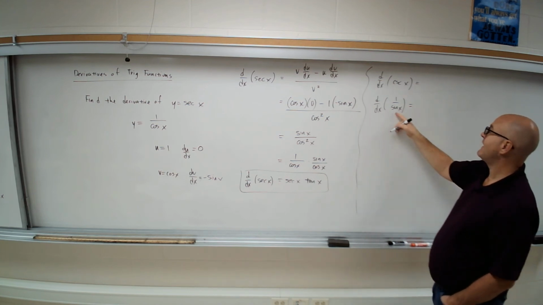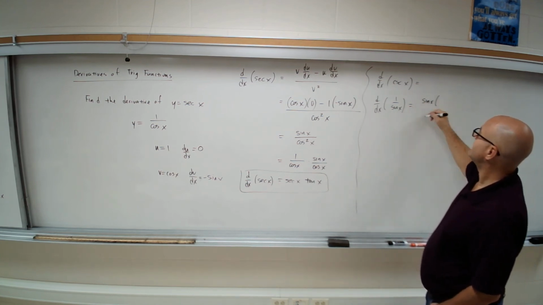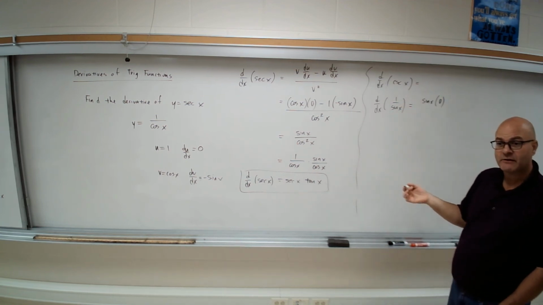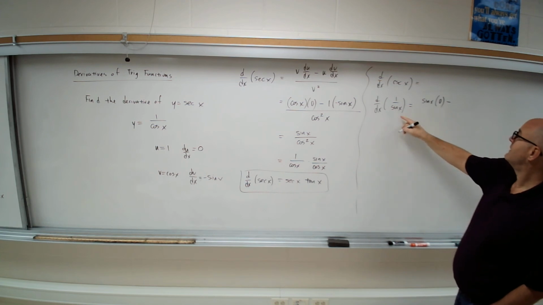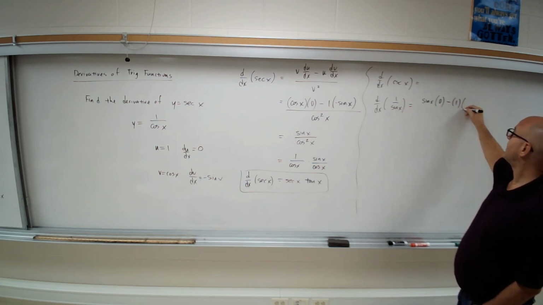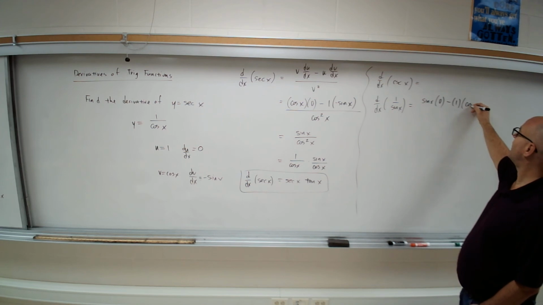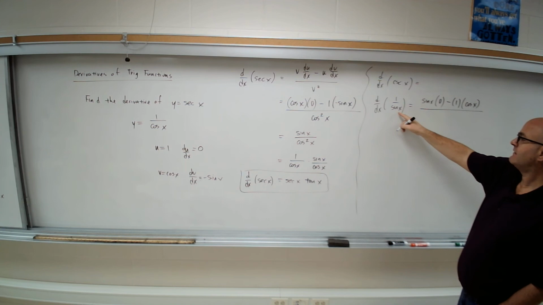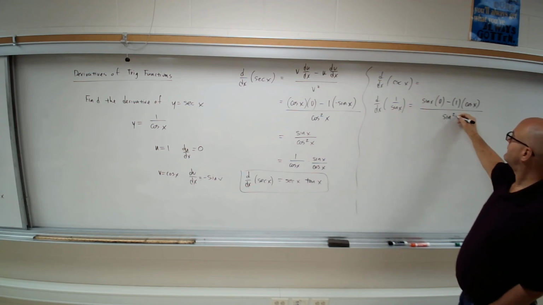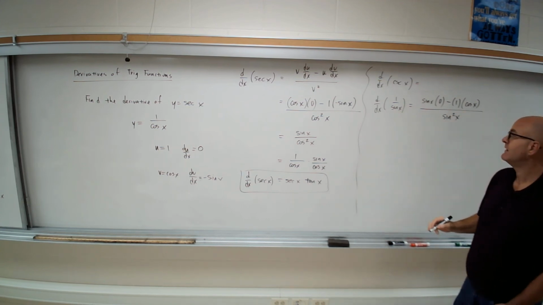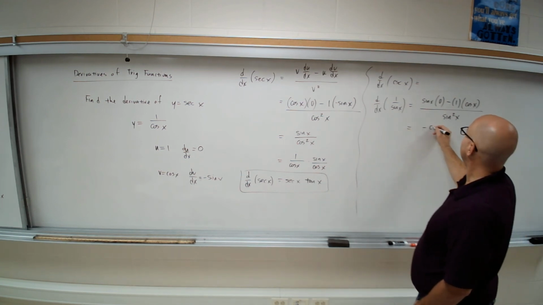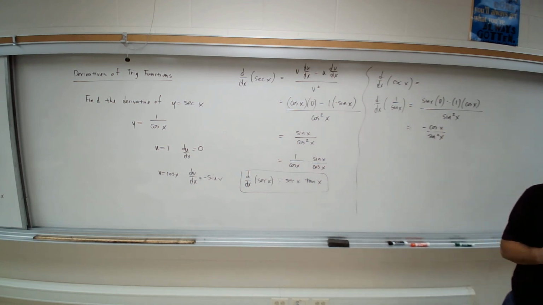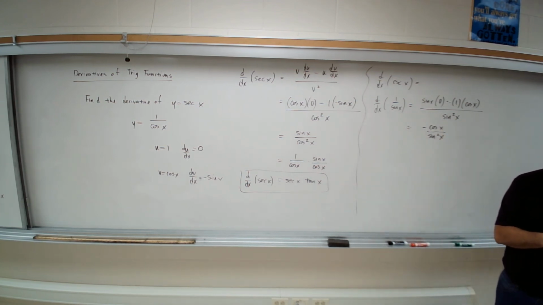And then we're going to take the denominator, sine of x, times the derivative of the top, which is the derivative of u, which is 0, minus the numerator times the derivative of the bottom, which is cosine x. And then on bottom, we're going to get sine squared x, which gives us negative cosine x over sine squared x. We're still going to break it up and write it as a cosecant and a cotangent.